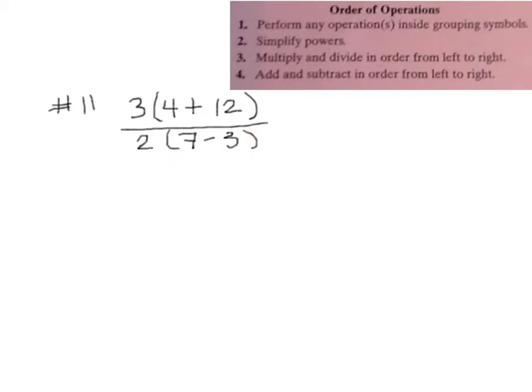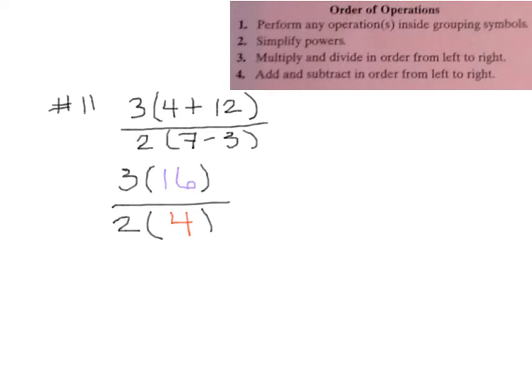So this is going to be equal to 3 times, and I do what's inside that grouping: 4 plus 12, that gives me 16, over 2, and then I simplify what's inside those groupings, and 7 minus 3, of course, gives me 4.